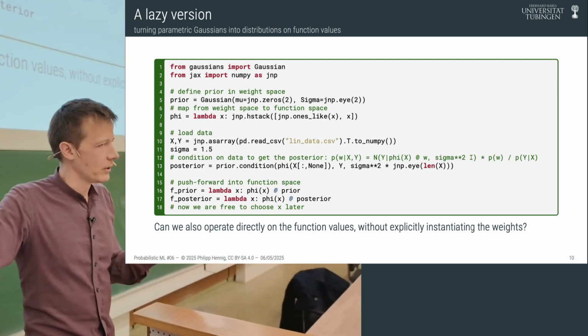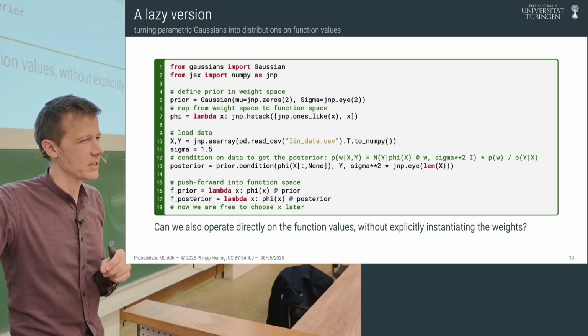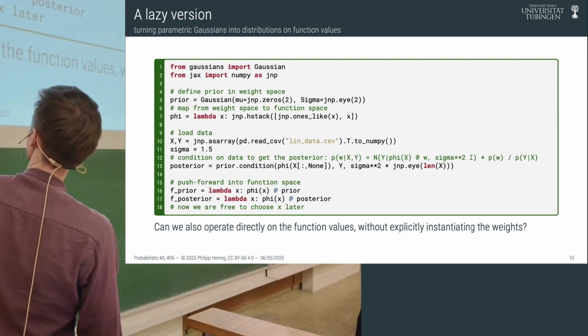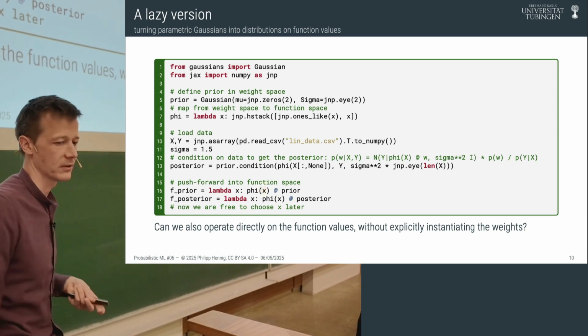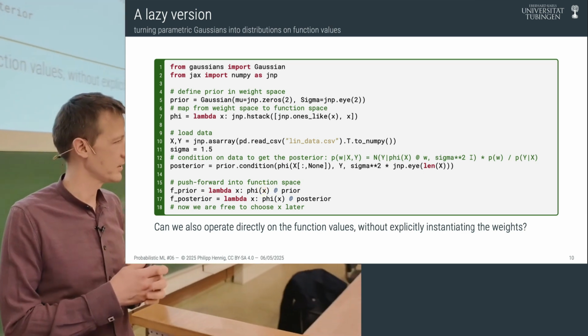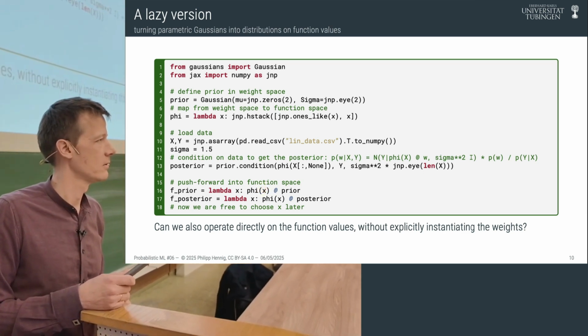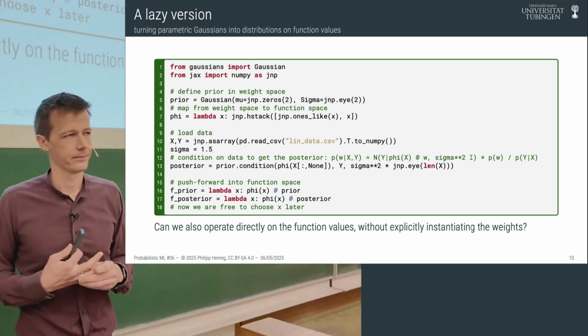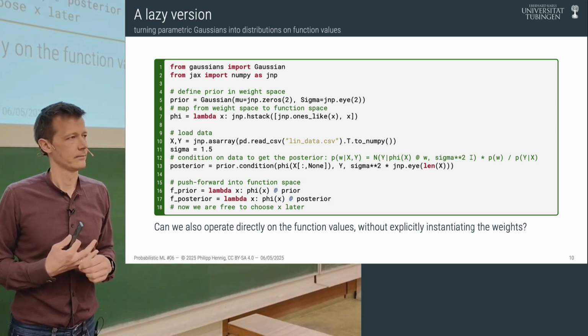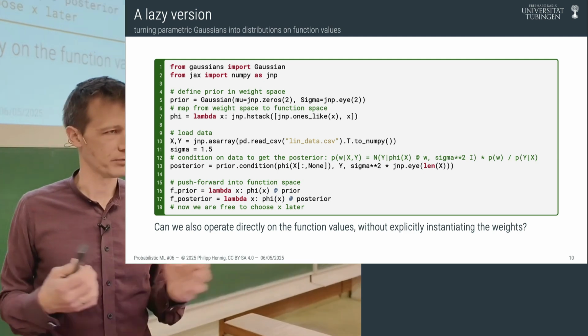So for us, though, this raises a question. First of all, maybe a question to you. What's the output of this function? I've deliberately left out a type hint. What's the output of this lambda function, or these two different lambda functions? So the prior is a Gaussian.